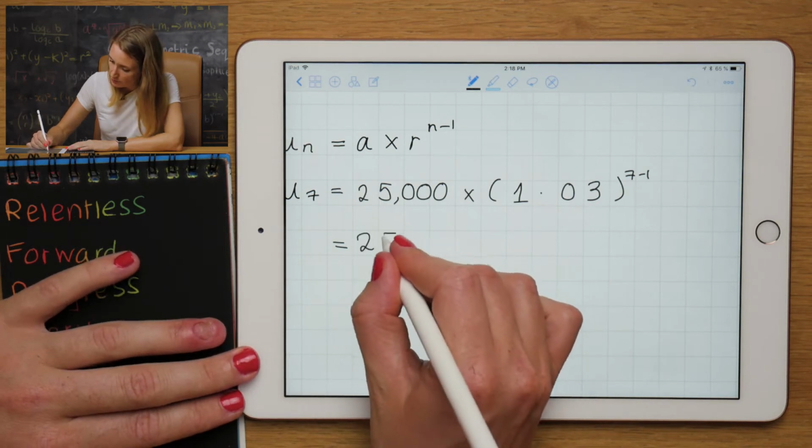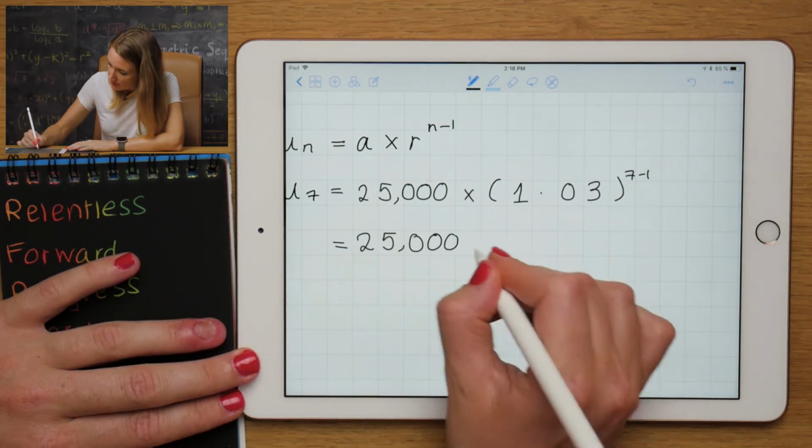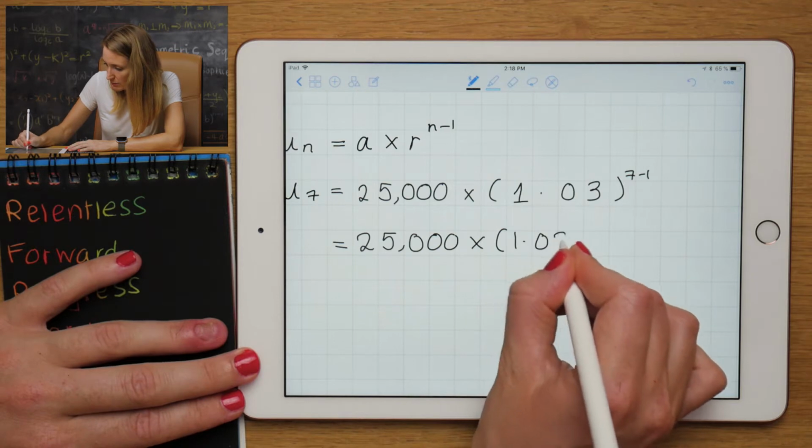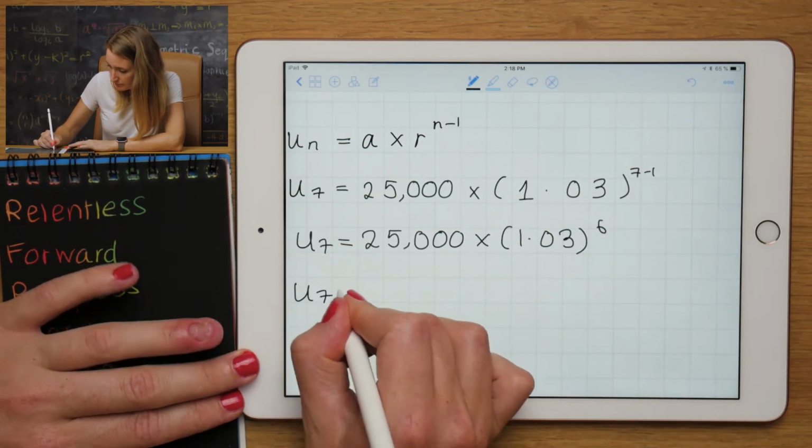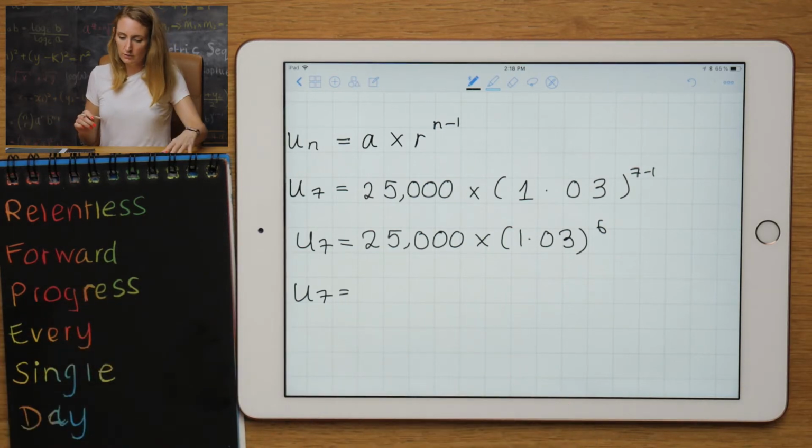So we need to work out 25,000 times 1.03 to the 6. So, trusty calculator.